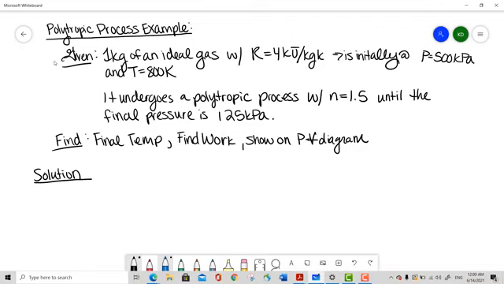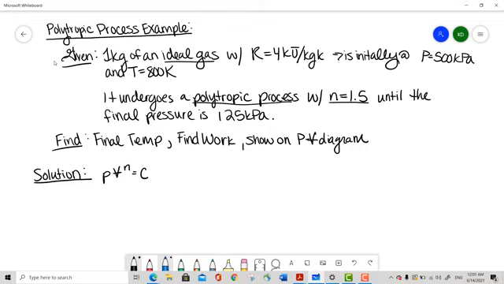Okay, so for this one, we can use PV^n equals C. A really good hint to this is, again, it has polytropic process, it has ideal gas, it gives you a figure for n. So that all helps you determine what you can use.